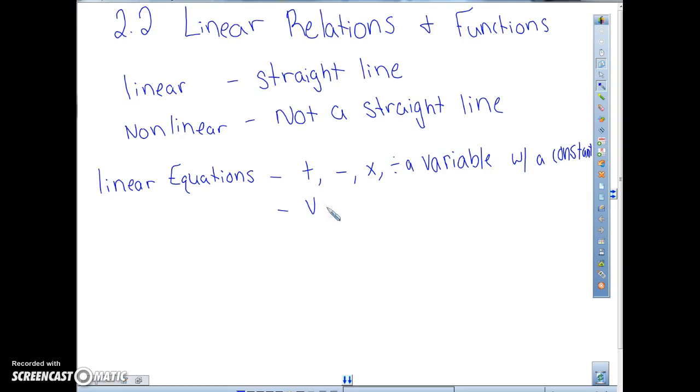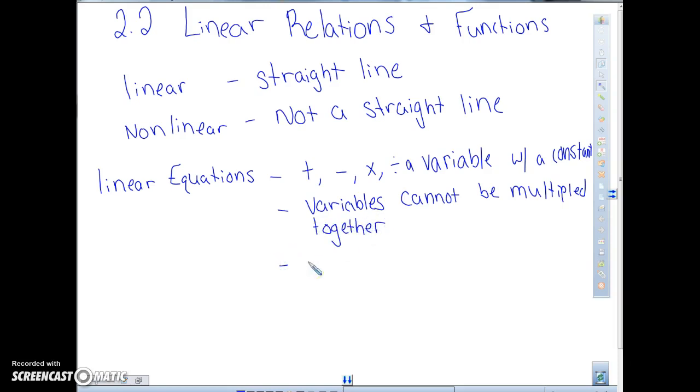To be a linear equation, variables, some of you may remember this list from Algebra 1, cannot be multiplied together. So write these down in your notes as I'm writing them down.